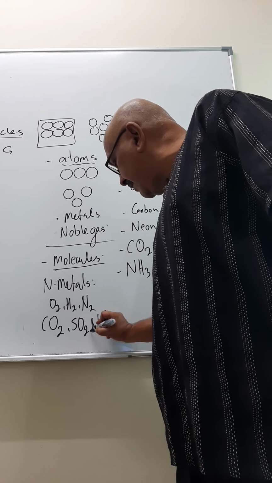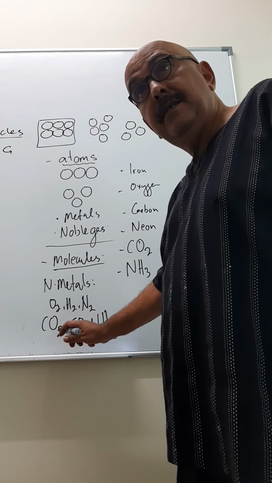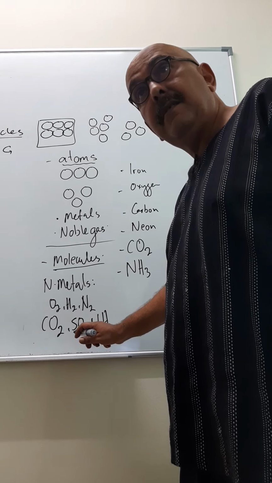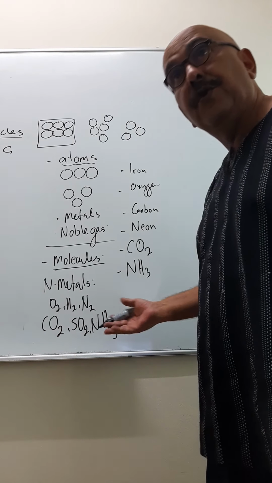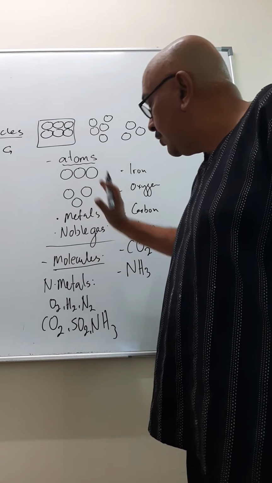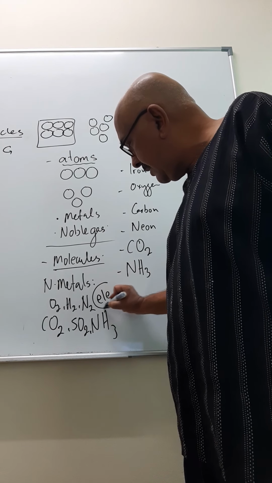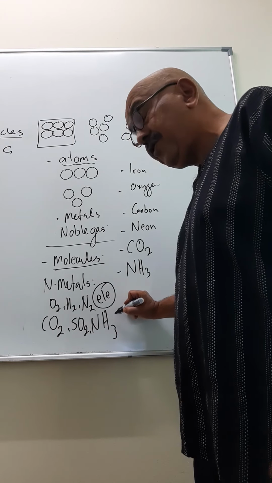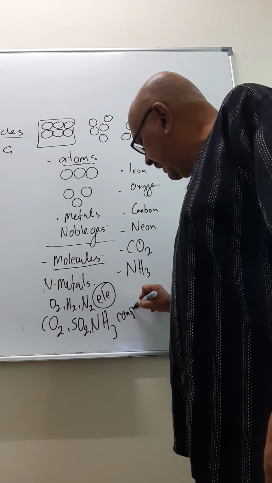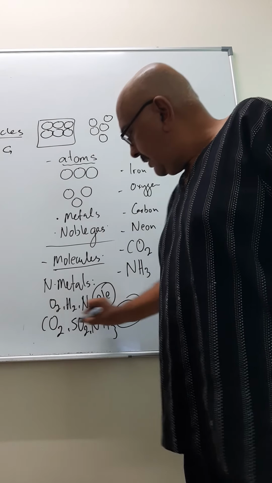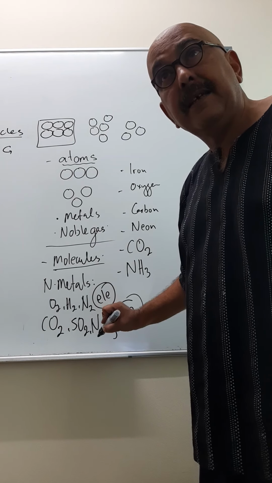Is there any one of these you don't know? Carbon dioxide, sulfur dioxide, and ammonia. Those are molecules. So they tend to be non-metal elements, and non-metal compounds, meaning that the atoms that make up the compound are non-metallic.